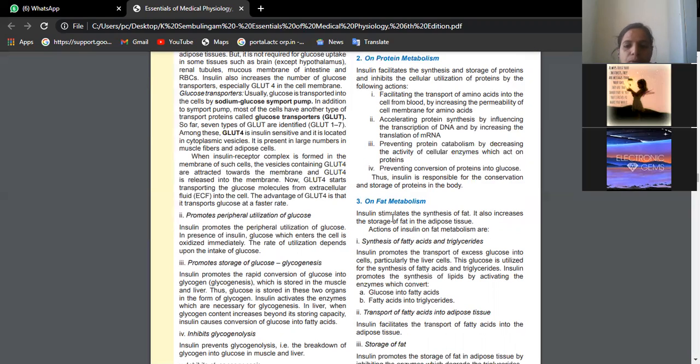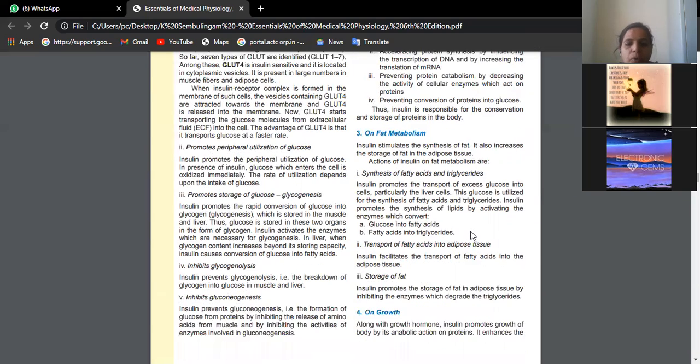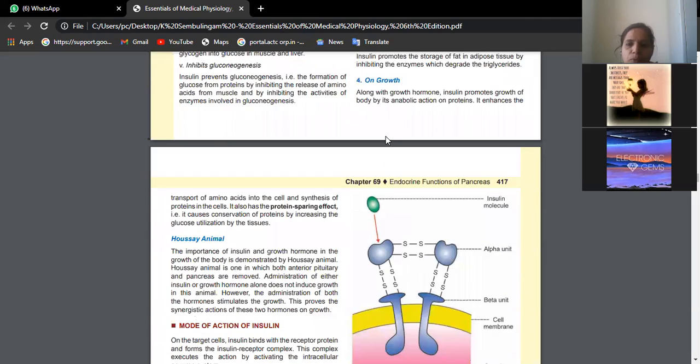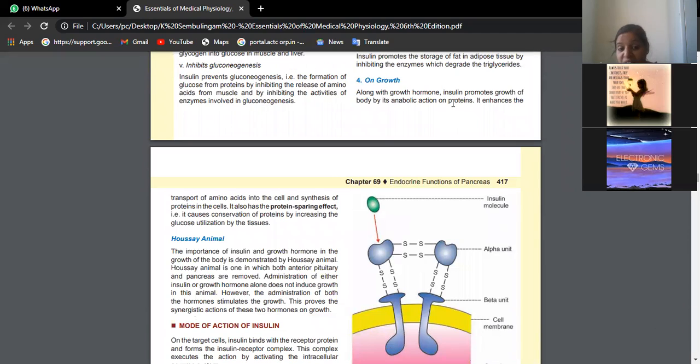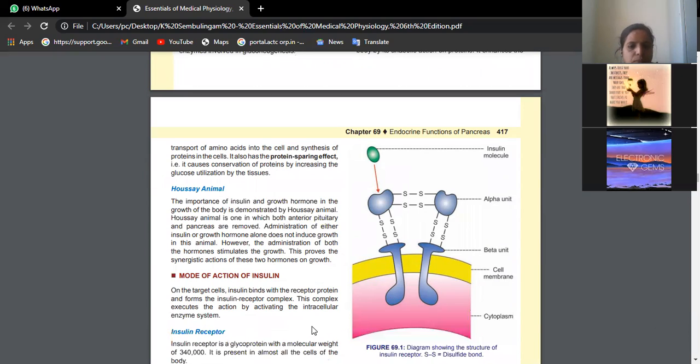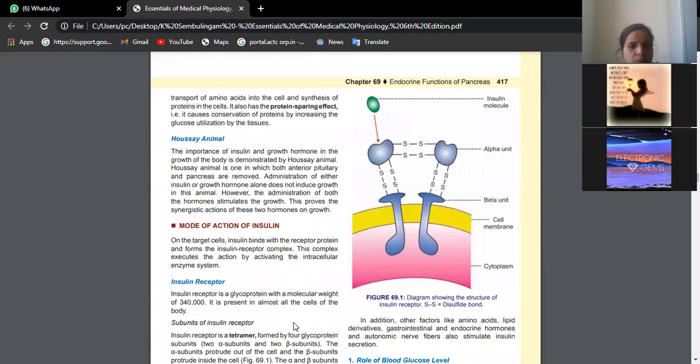So insulin stimulates the synthesis of fat, also increases the storage of fat in adipose tissue. Then on growth, along with growth hormone, it is also promoting anabolic action. Insulin-like growth factors are also secreted.